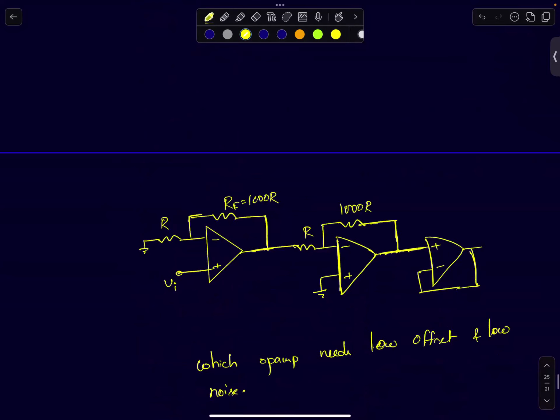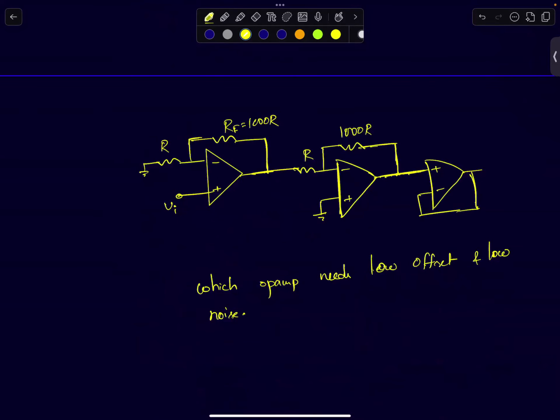Now, finally, we'll just answer this question alone so that you understand the impact of noise on circuits. I have a 3-stage amplifier like this. As a designer, I'm interested in knowing which op-amp should have the lowest noise, and which op-amp can tolerate poor quality noise, meaning its noise is very high.